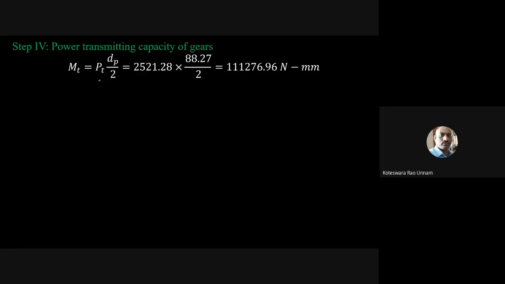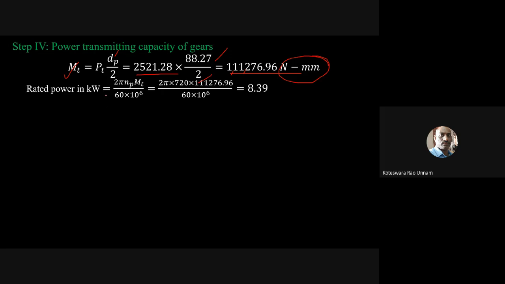So once I have PT, I can calculate the torque, for which I have a relation between torque and PT, which is nothing but dP by 2, or to be precise, dP dash by 2. 22,521.28 into 88.27 divided by 2 comes out as 1,11,276.96 Newton mm.